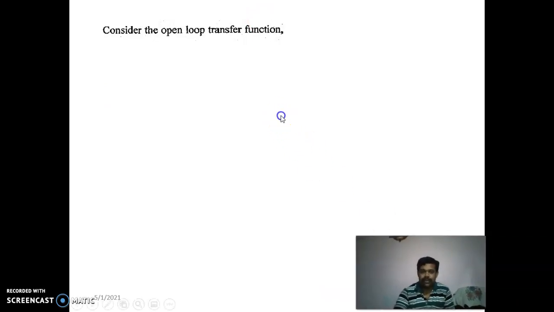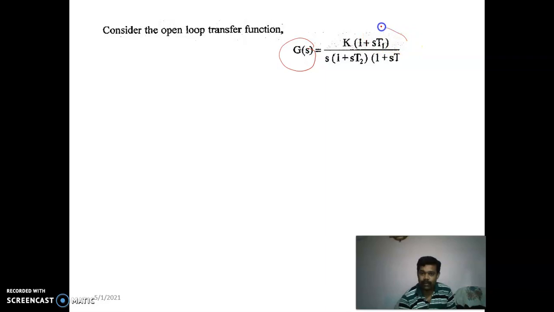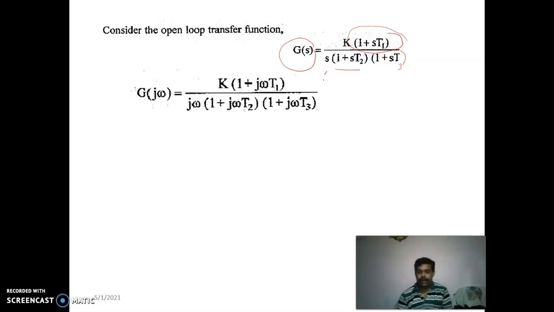Now we are considering an open loop transfer function, that is G(s) = K(1 + sT1) / (s(1 + sT2)(1 + sT3)).